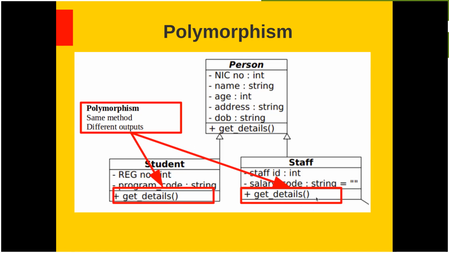From staff getDetails, we can get details from here. Within those, we can access all the details of the staff. That is the end of this object-oriented programming concept.